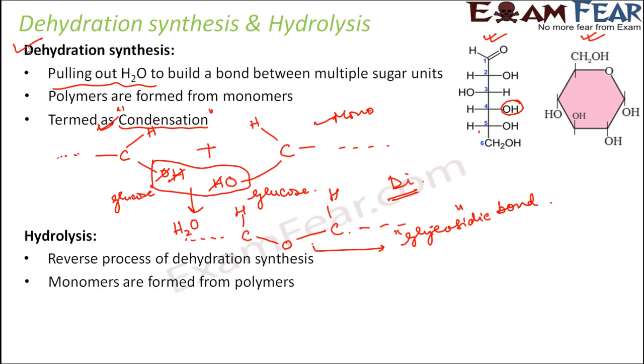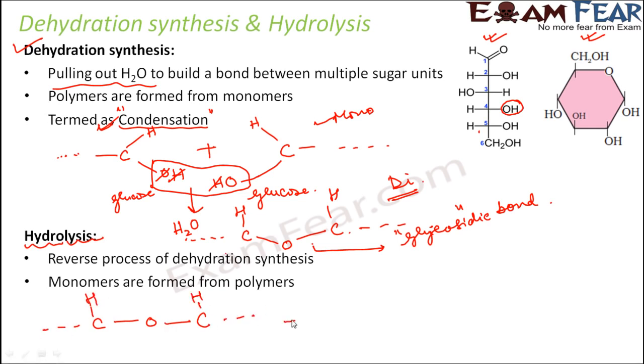So what do we do here? Here monomers are formed from polymers. And in order that monomers are formed, we'll add water in this case. The term hydrolysis means, hydro means water, lysis means to cut. So to cut down with water. So when you add water, what gets cut down? The disaccharide. For example, this was your disaccharide. This was the glycosidic bond which was formed.